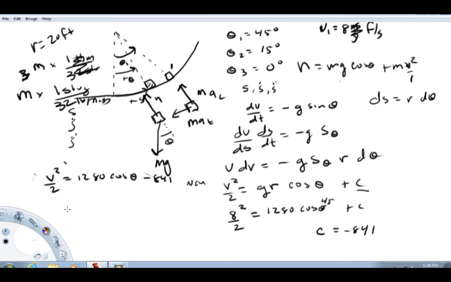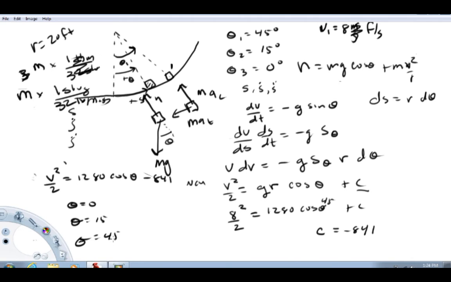And I put a couple values of theta in here. I ran it at theta equals 0, theta equals 15, and theta equals 45 degrees. Keeping in mind that theta equals 45 degrees should correlate with the initial conditions of our problem.